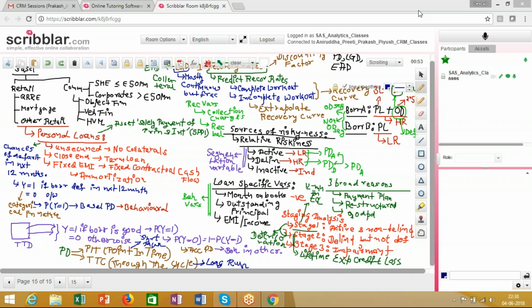Right. So now some TTC variables can be seen for mortgage and some of these products. But if I'm taking a TTC variable, it means that the variable value has to be unchanged over the period of the entire cycle, right?